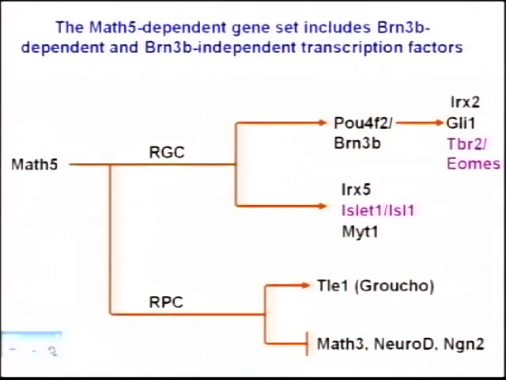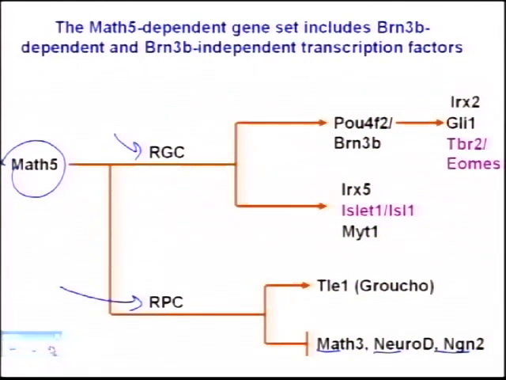So this leads us to our first simple gene regulatory network diagram, where we're showing MATH5 at the top of the hierarchy. And MATH5 controls two different branches. One is ganglion cells and one is progenitor cells. And the progenitor cells I'm not going to talk much about, but I just showed you it represses these other proneural genes which are involved in producing other cell types in the retina besides ganglion cells.